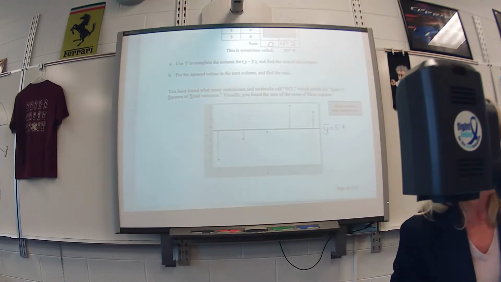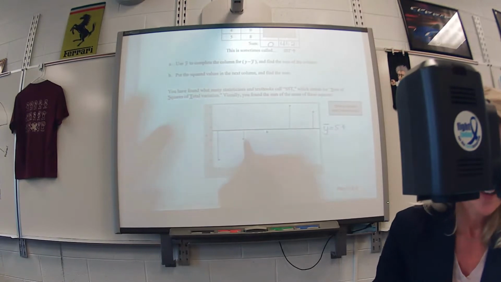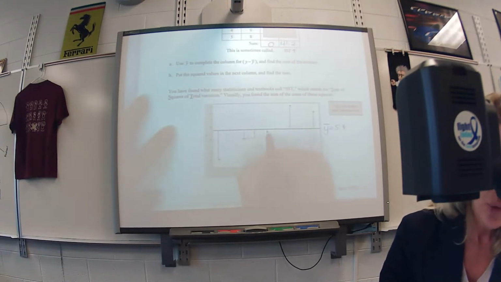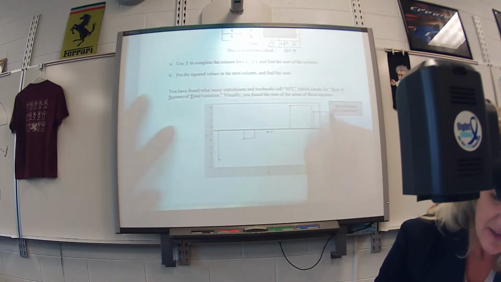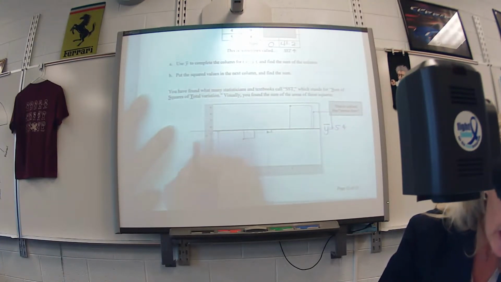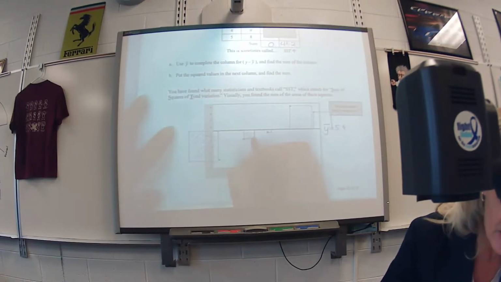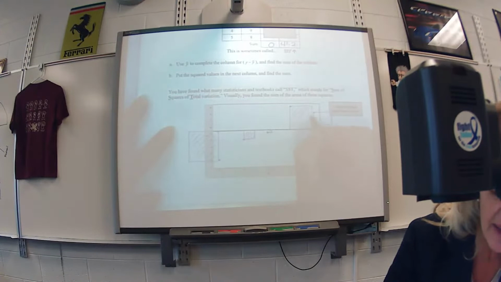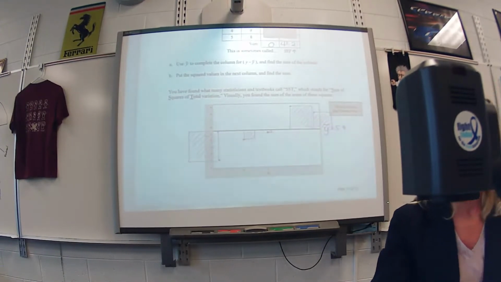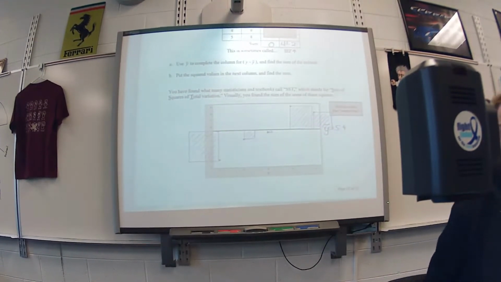So that was the column when we subtracted, but then we made a column of squares. So all of these squares, if you calculate the area of all these squares, they all add up to 41.2.